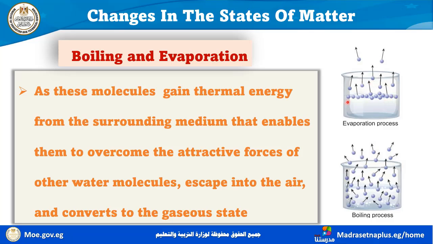So some molecules from the surface of water gain thermal energy from the air surrounding the wet clothes to be able to escape from the surface of water, turning from the liquid state to the gaseous state.